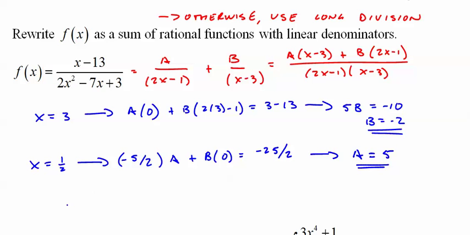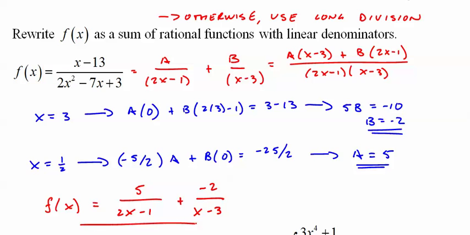So the whole purpose is that we can rewrite f of x as 5 over 2x minus 1 plus negative 2 over x minus 3. Yes, you can put the negative out front if you're in the mood. I don't.